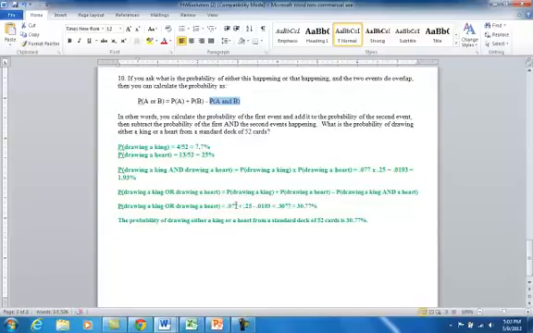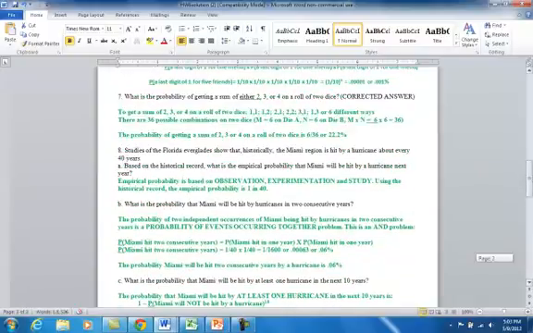Probability of drawing a king, 0.077. Probability of drawing a heart, 0.25. Subtract the probability of drawing both. That equals 0.3077, multiplied by 100. That gives you 30.77%. So the probability of drawing either a king or a heart from a standard deck of 52 cards is 30.77%. Now that's how we do the solution for homework number 6.